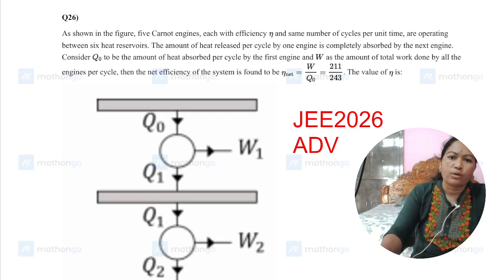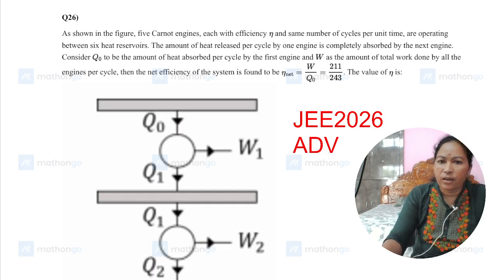In this cycle, if you observe, Q naught is the heat from the source. By absorbing the heat Q naught, it does some work W1 and rejects heat Q1, and this Q1 heat is absorbed by the second engine. This Q1 acts as the source for the second engine.